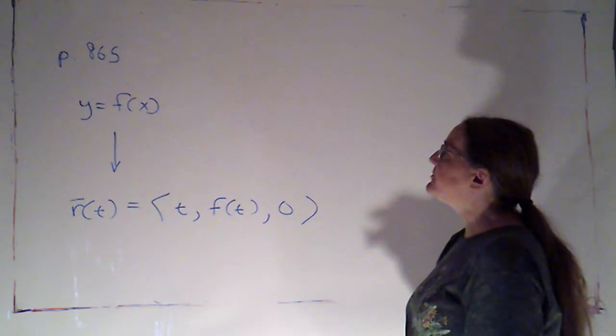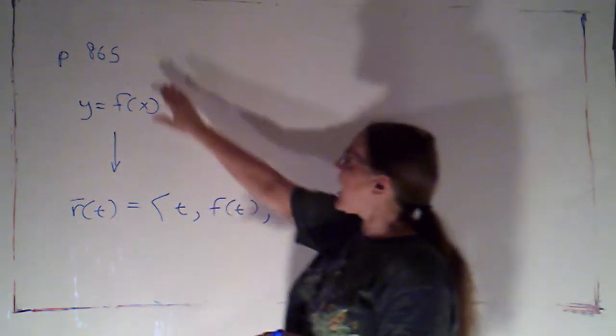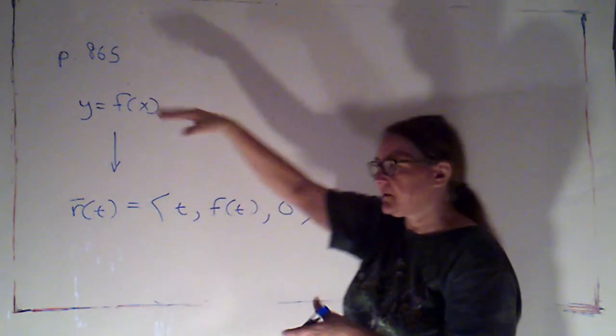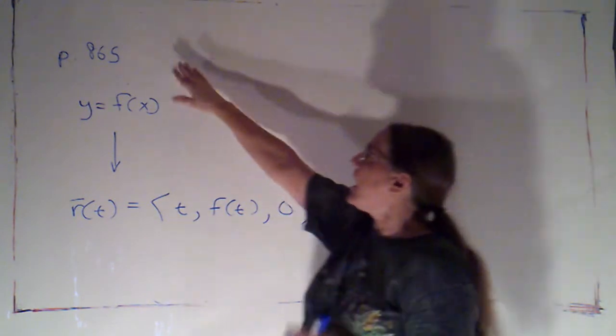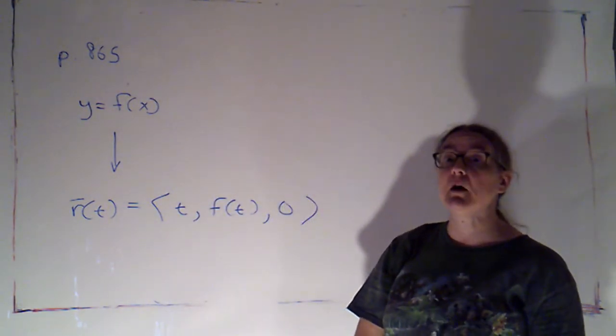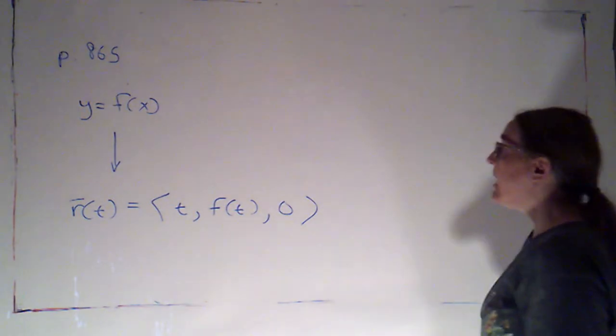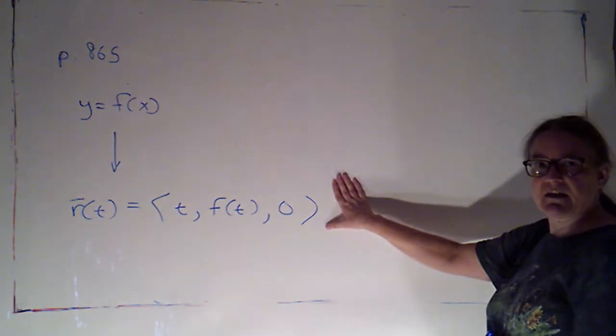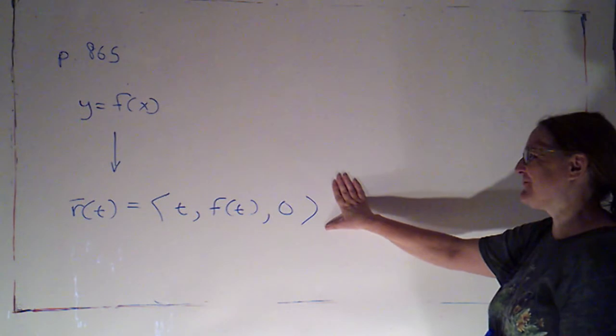Okay, so that formula, again, I'm not concerned that you have it memorized. I'm not even bothering to write it down, but that formula is given on page 865. They do talk you through a derivation of things, but basically just apply the other formulas for curvature to this.